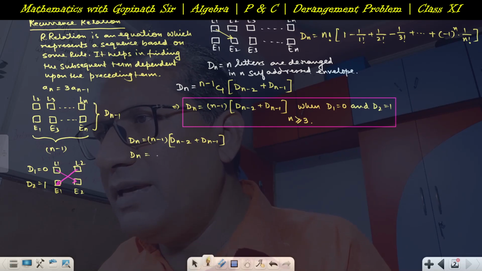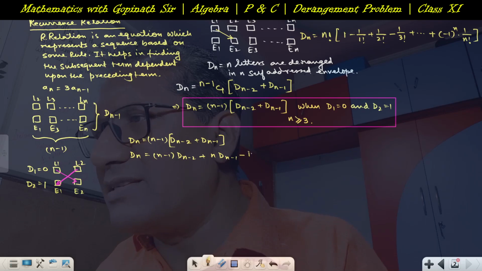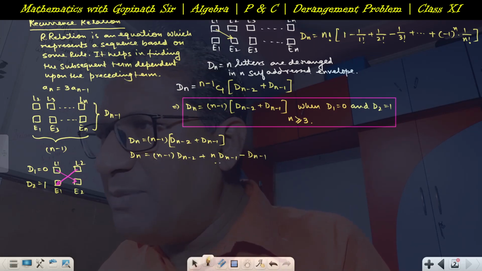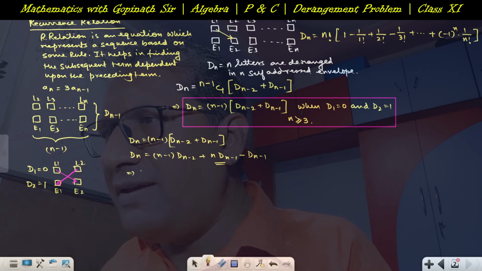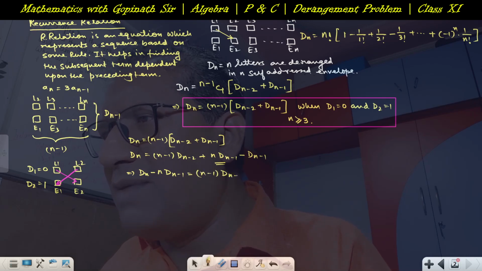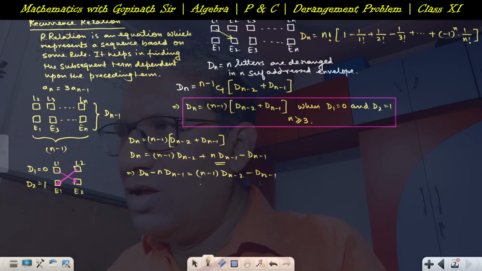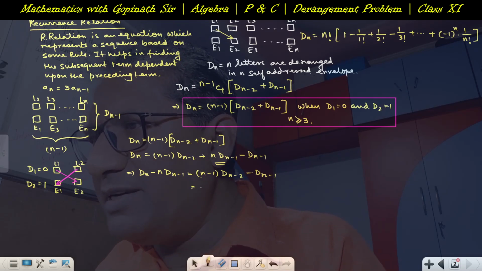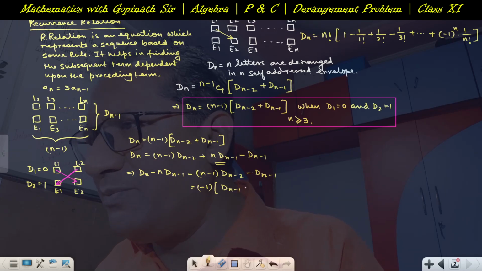Dn equals (n minus 1) D(n minus 2) plus n D(n minus 1) minus D(n minus 1). So let me take this in the left hand side. So we have Dn minus n D(n minus 1) is basically (n minus 1) D(n minus 2) minus D(n minus 1). Am I correct? Okay. Let me take a minus common. So we are left with D(n minus 1) minus (n minus 1) D(n minus 2).